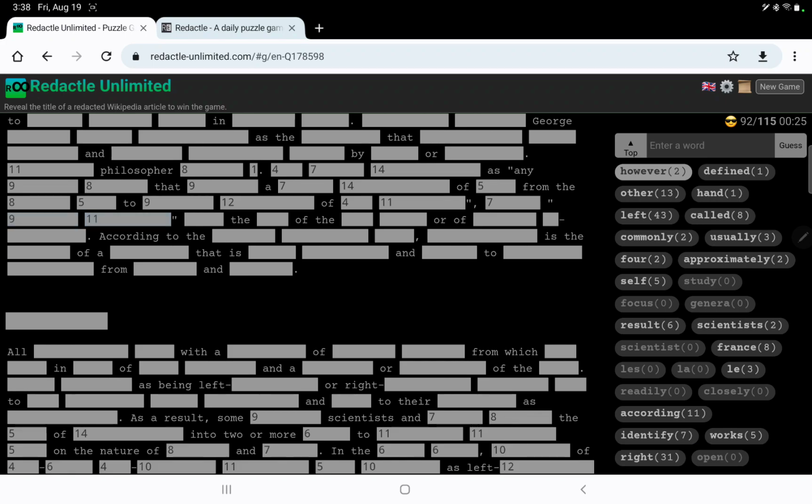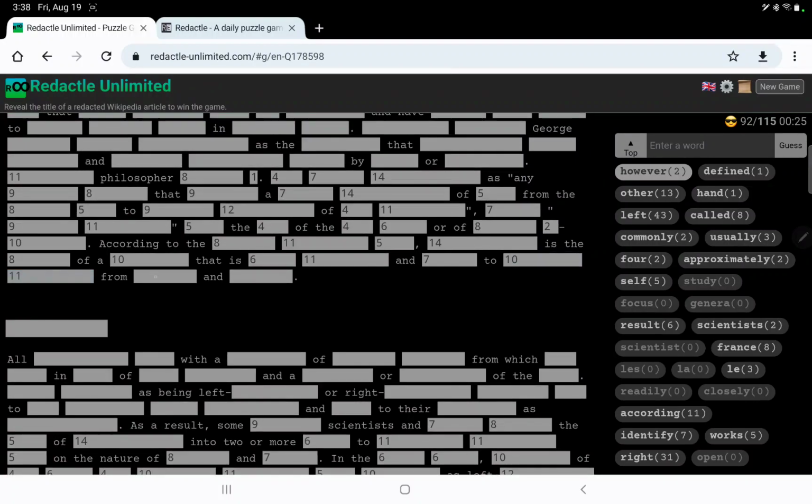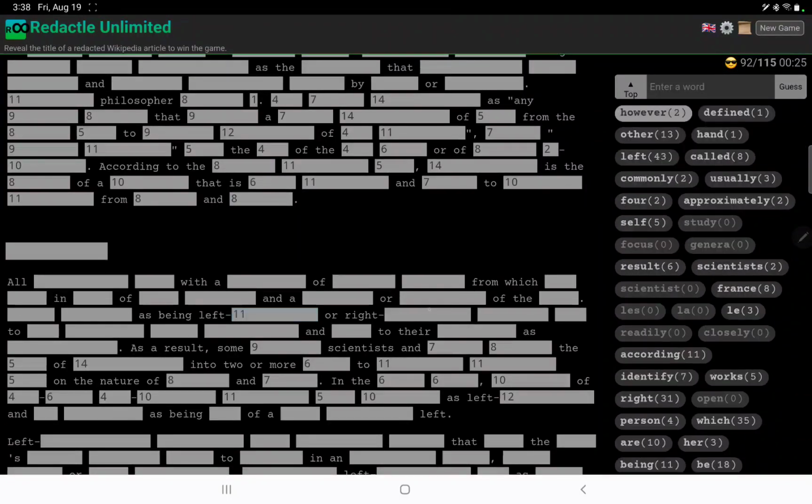No? 9-11, 5, the 4 of the 4 are of that. 14 is the 8 of a 10, that is 6-11, and 7 to 10, 11 from 8 and 8. So here we have left and right. All 12, 5 with a 10 of 8, 8, from which 4, 5, and 5 of 5, 9, and a 9 are 11 of the 5.